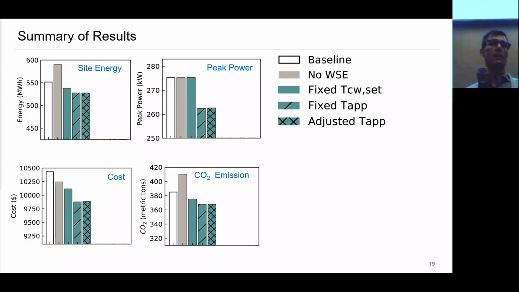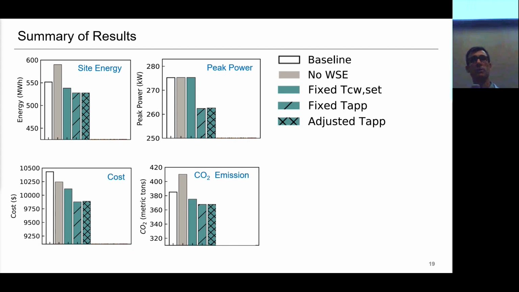During the optimization, we then also displayed different key performance indices. So in terms of site energy consumption, where we have again the baseline in white. Then we did one simulation where we have no water side economizer, which of course increased the energy consumption here over a year. And then in green indicated here are the 3 optimization results.